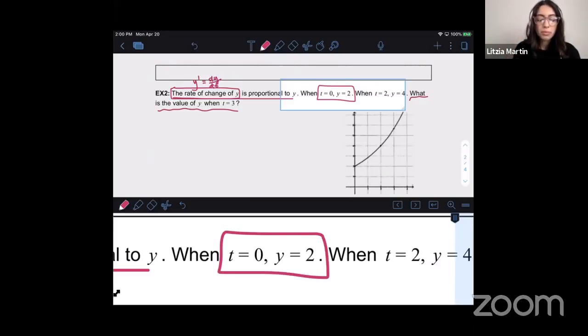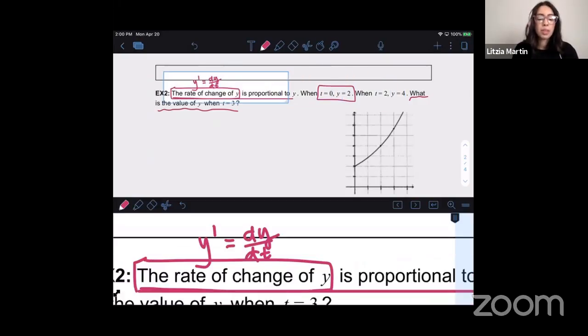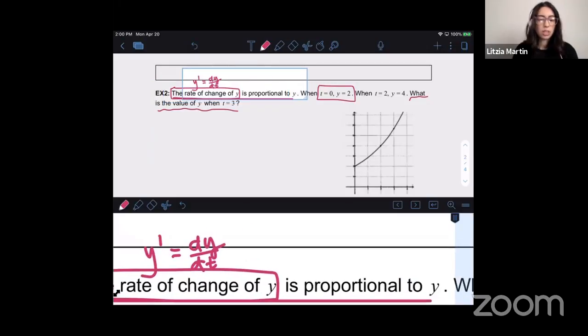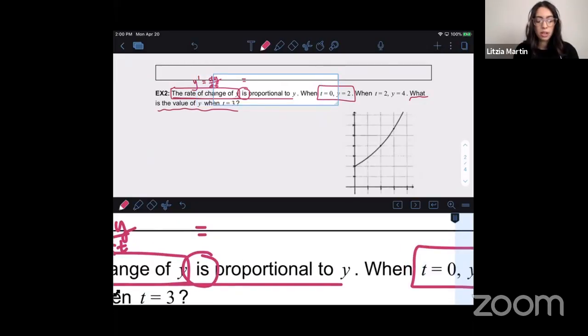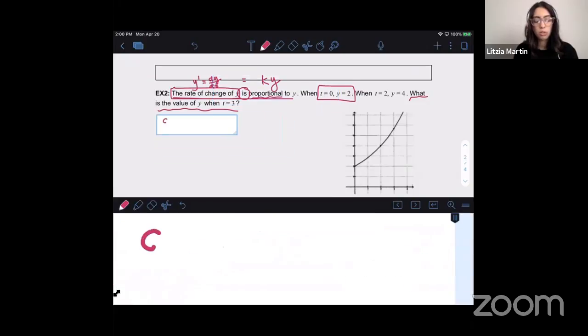So the rate of change of y represents dy over dt, and that is equal to, proportional to, y. When I see proportional, I know that's k times y. So the equation is dy over dt is equal to k times y.